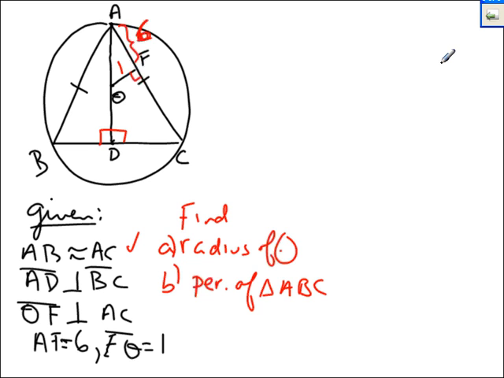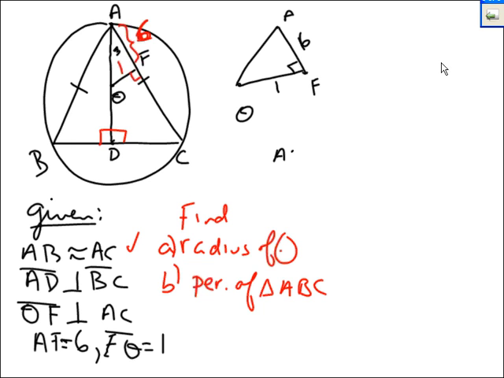And I guess we're going to use Pythagoras to find the radius, because if you look at this triangle over here, the one that goes from A to O to F, it is a right triangle at F. So right triangle at F, AF is 6, and OF is 1.